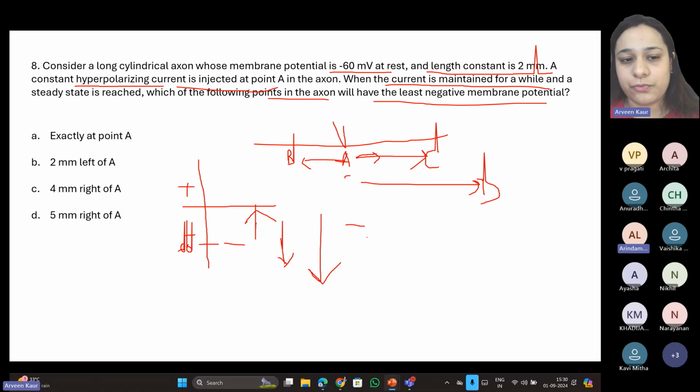Which one of these will have the least negative membrane potential? That is the question. It did not turn out to be a numerical, it is more of a logical question.